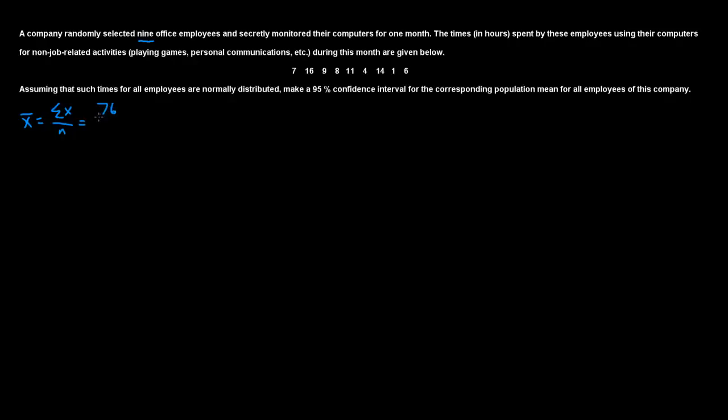So you add all your x values up, 76, divide by n, which is 9, the sample size, and we get 8.4 repeating. We'll eventually round that, but let's leave it as 8.4 repeating right now. So there's x bar. That's one of the things we need to find our confidence interval endpoints.